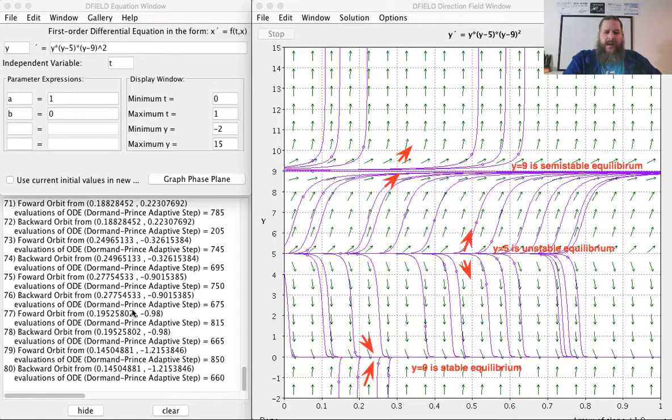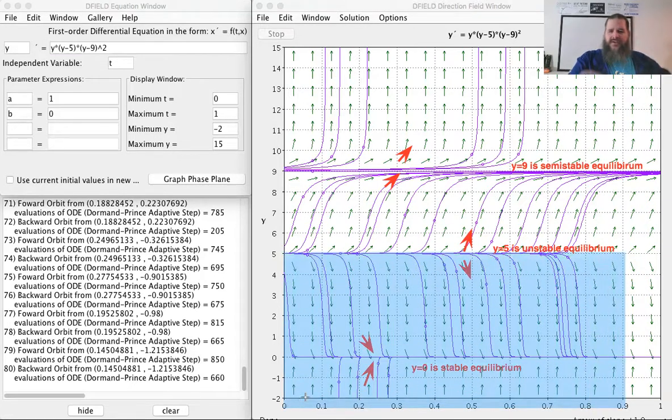So we can categorize the end behavior based on initial conditions. It looks like anywhere from 5 all the way down to negative infinity, all those initial conditions converge towards 0. Whereas anything between 5 and 9 is converging towards 9.